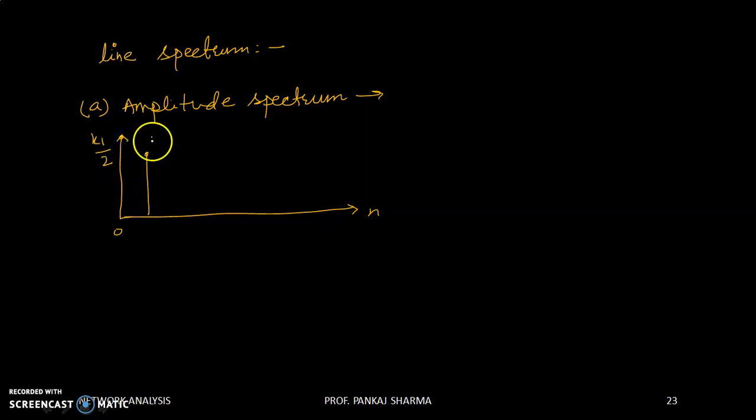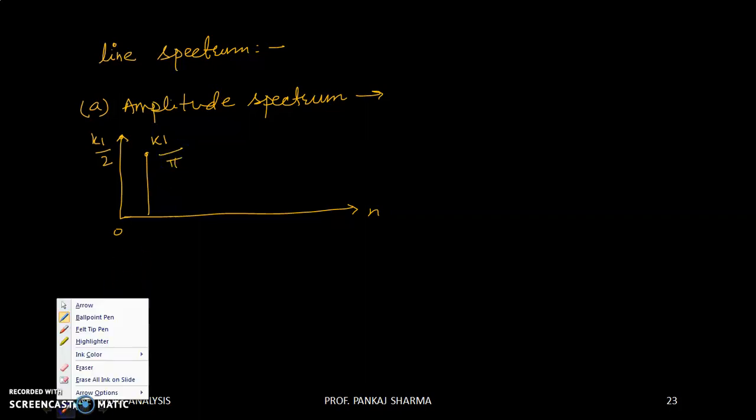This is K1 by pi. Let me correct. There should not be an arrowhead.